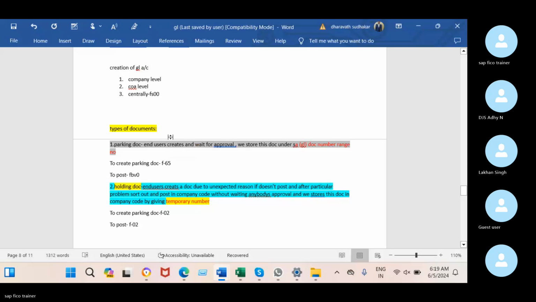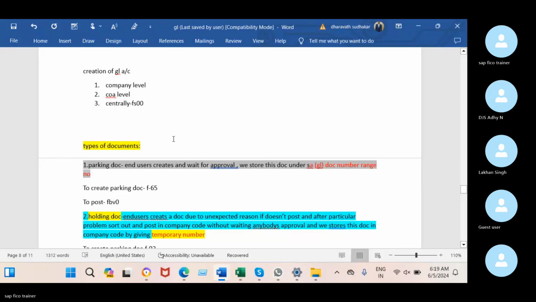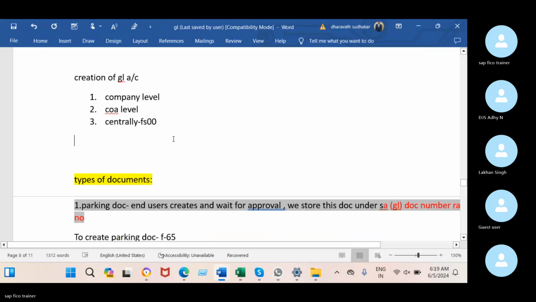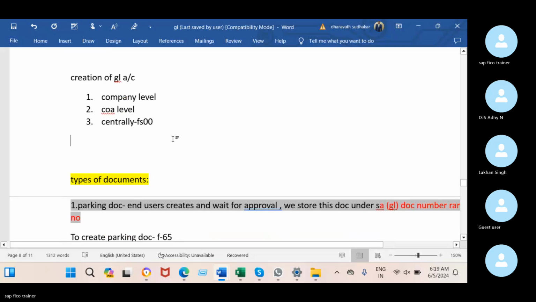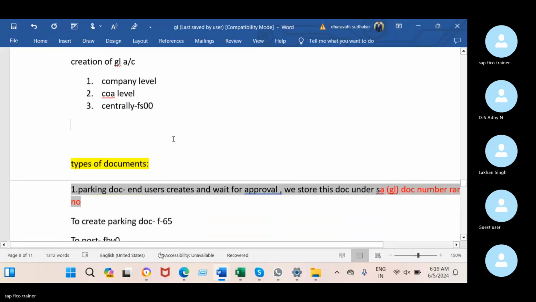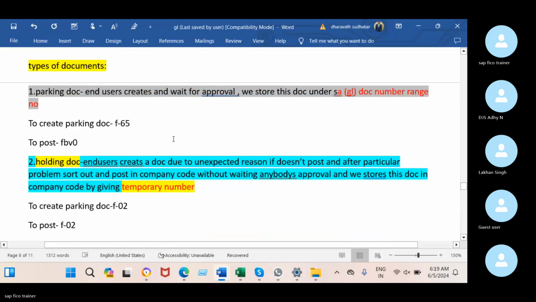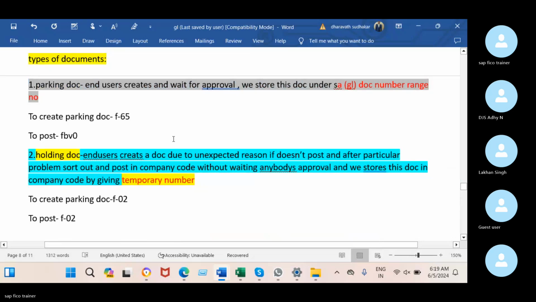Now directly come to types of documents. Here, the first one is the parking document. Usually, the end user creates a document and sends it for approval.